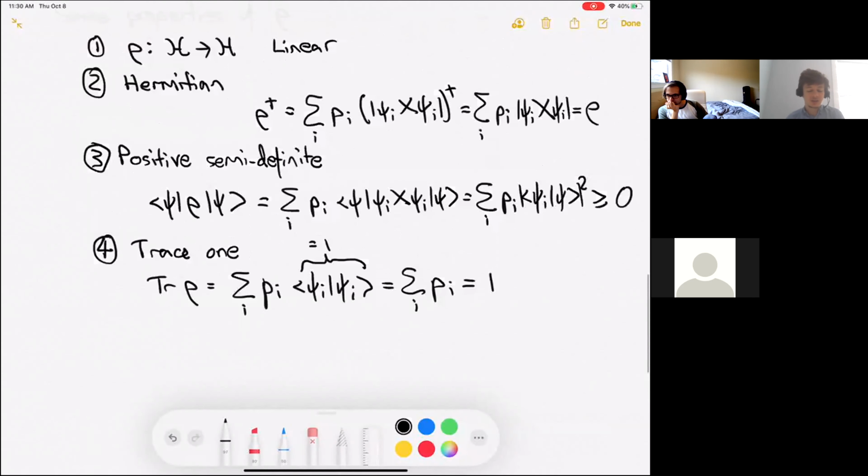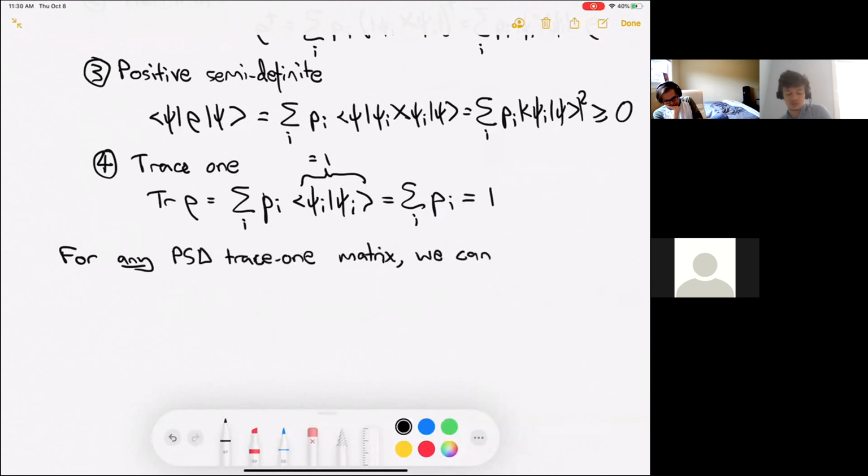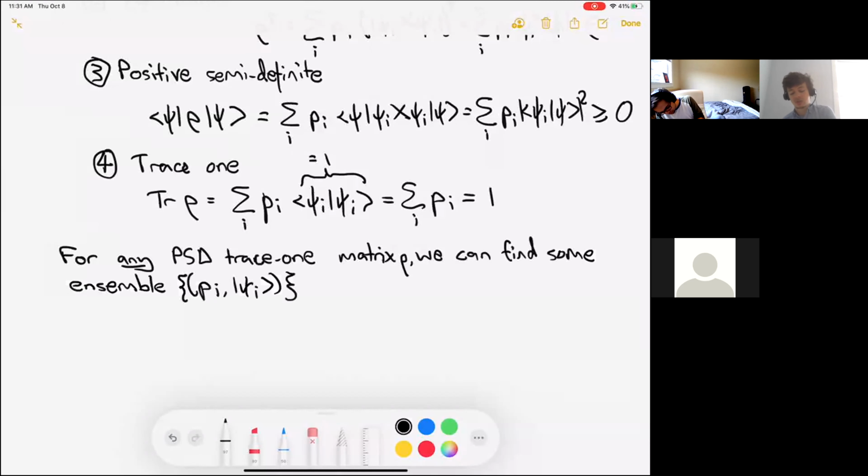There's a sort of converse statement to this, which is that for any positive semi-definite, trace 1 matrix, let's call that matrix rho, we can find some ensemble {p_i, |psi_i>} whose density matrix is rho.